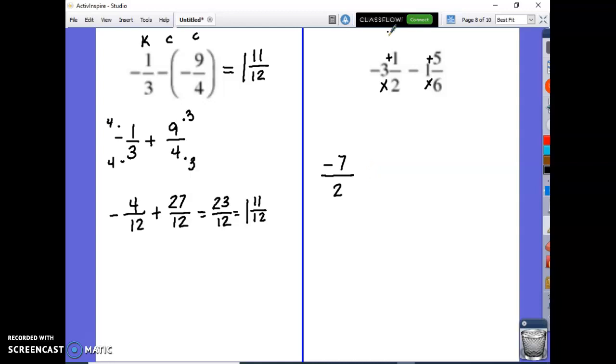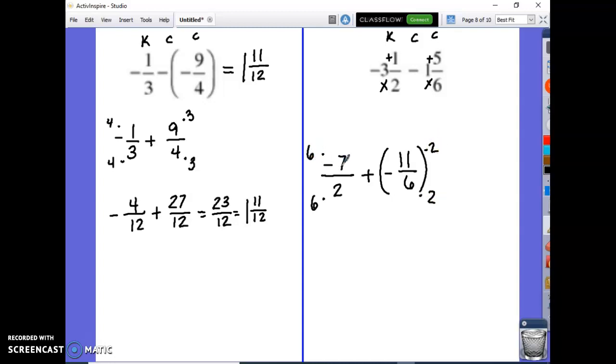I'm going to do the keep, change that subtraction to an addition sign, and then change that last fraction to a negative. 6 times 1 is 6, plus 5 is 11 over 6. Now we have improper fractions with uncommon denominators. Our least common denominator is 12, so we have to multiply the 2 by 6 and the 6 by 2.